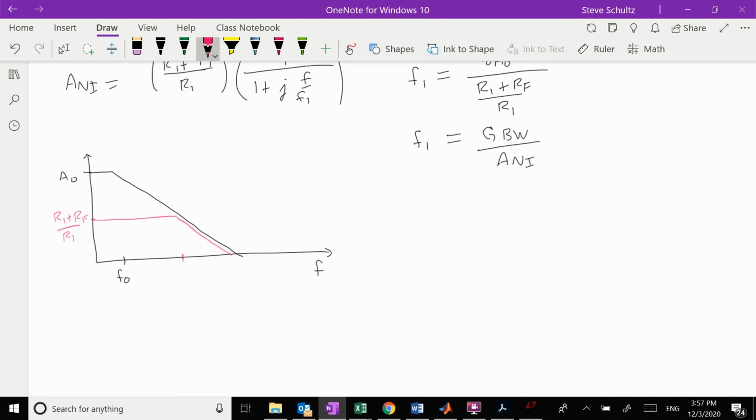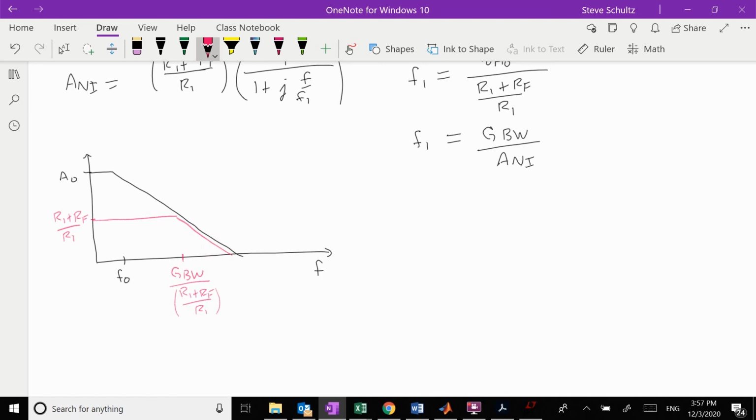And it has a corner that's my gain bandwidth product divided by the gain of the stage. So what we see here is that we basically take our gain bandwidth product divided by the gain of the stage, and that gives us our increased frequency.